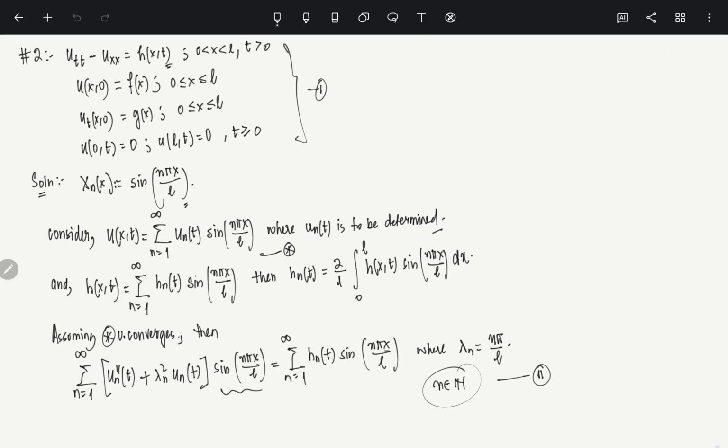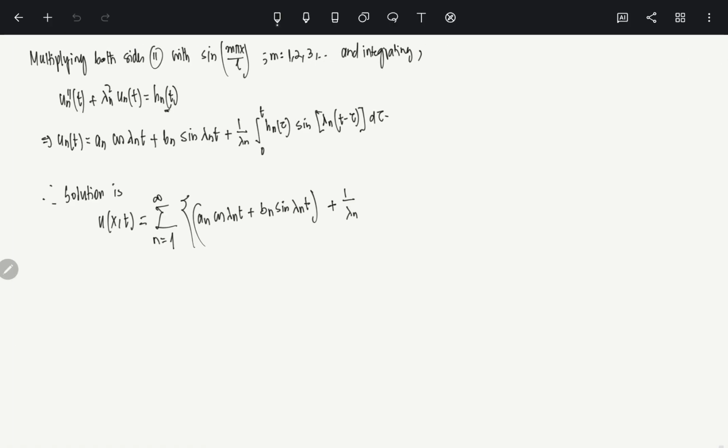Lambdas are given like this, n pi by L, so that is always there. I am not writing that always. So this is the integral from 0 to t of hn of tau sine of lambda n (t minus tau) d tau, times sine of n pi x by L. Is it okay? Now you see, this is the formal solution, by superposition.